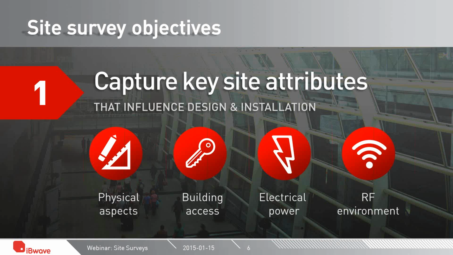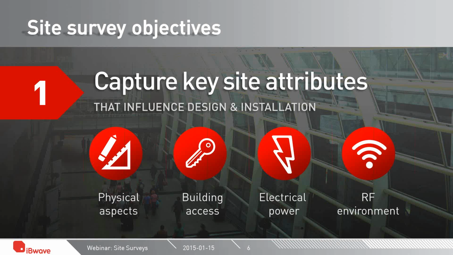But then the building access is also important, such as security constraints to enter a building or perhaps parts of a building. Other things like time of day restrictions, which could sometimes be very particular, and so on. Electrical power, so items such as AC, DC availability, wiring, electrical panels, where they're located.